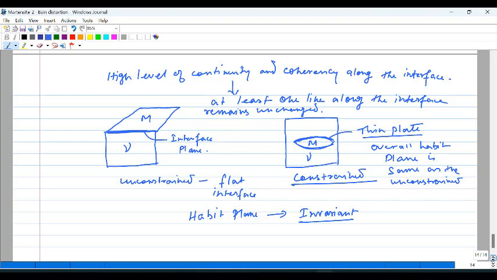What does it mean? A line is remaining unchanged. That line is invariant. Okay. So it means that for the Martensite transformation to occur, we need an invariant line strain.